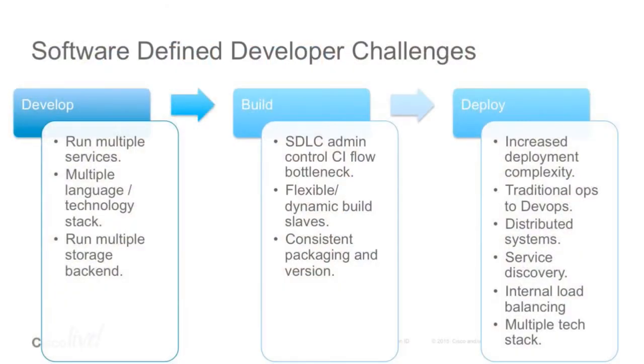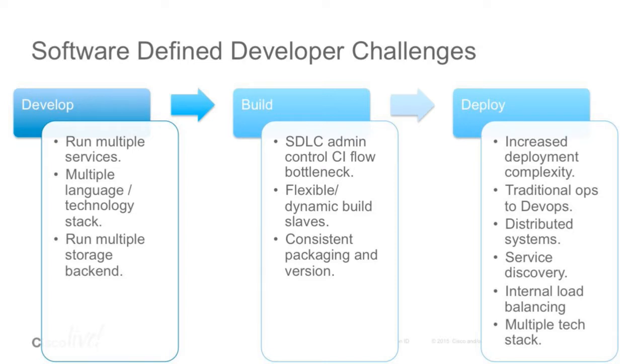So when you look at these challenges and think about the most optimal flow in a developer's mindset, they want to be able to develop their applications to run multiple services, with different languages and support for different types of software. They have multiple different requirements from a storage standpoint that need to be taken into account from the beginning.